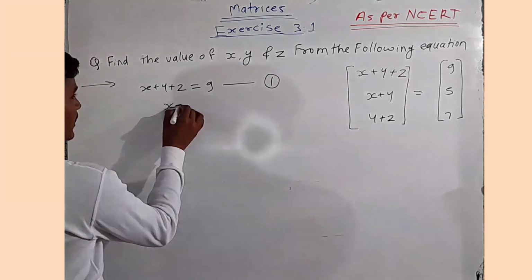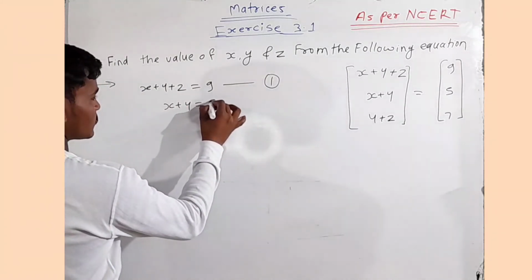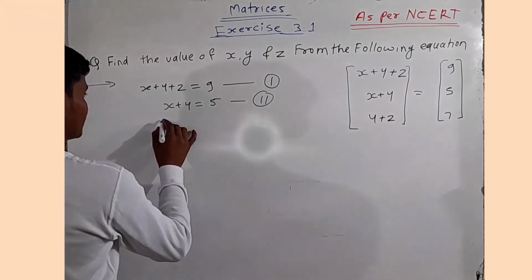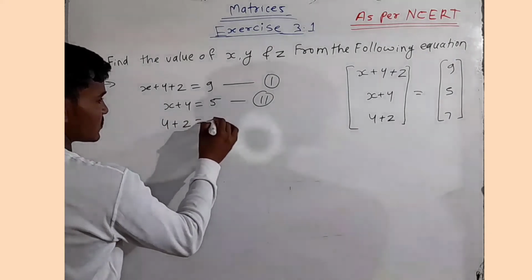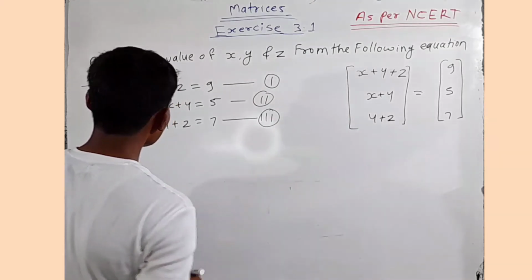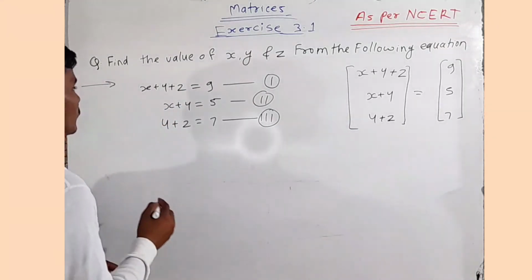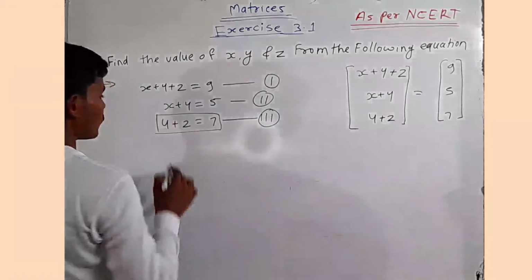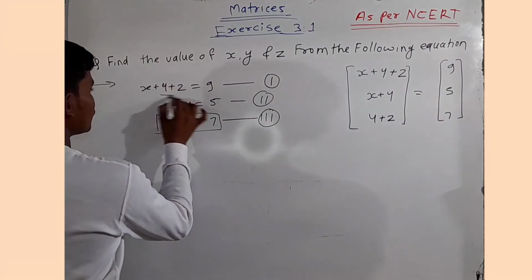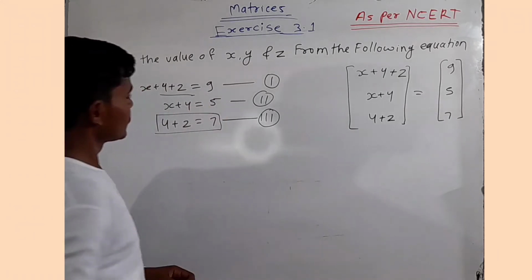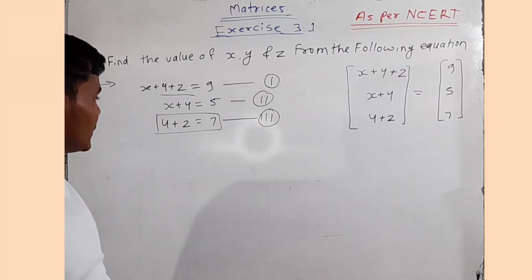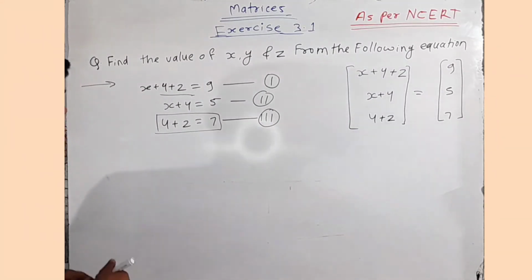Then next, x plus y equals 5, equation number second, and y plus z equals 7, equation number 3. We have y plus z equals 7, and in the first equation we have y plus z.